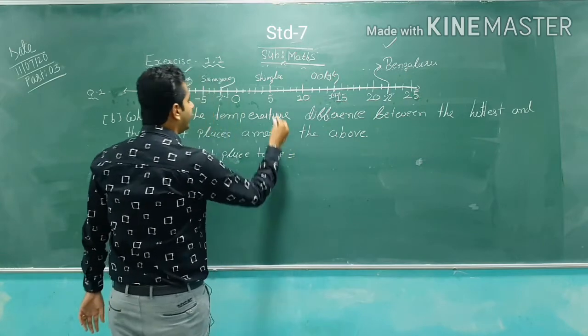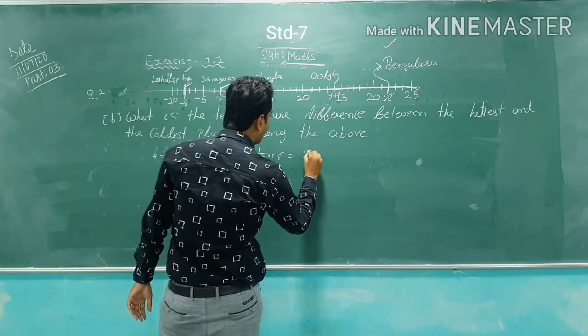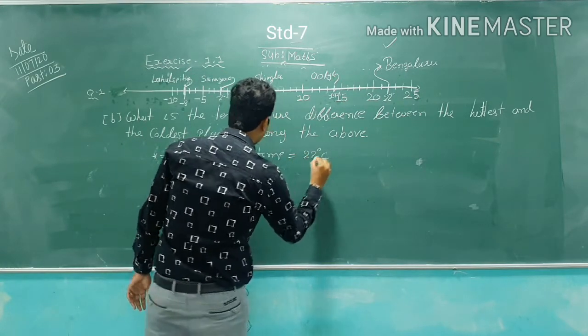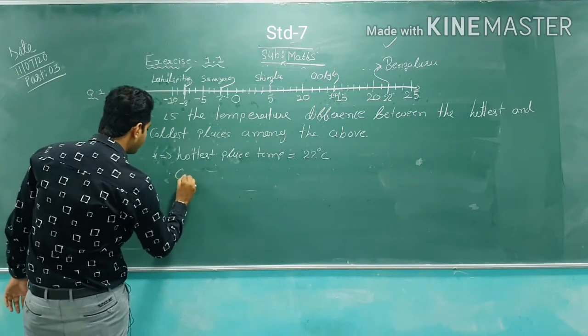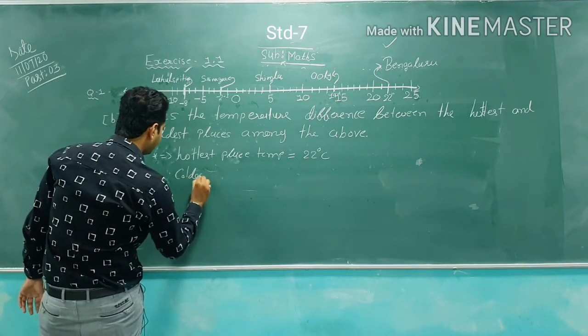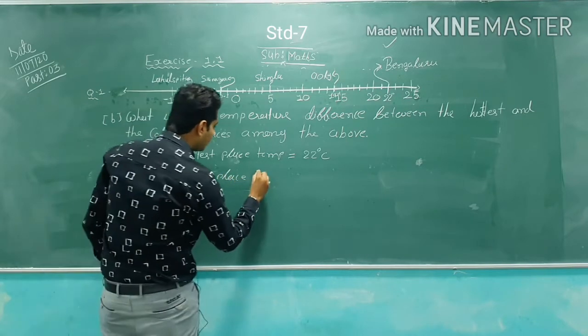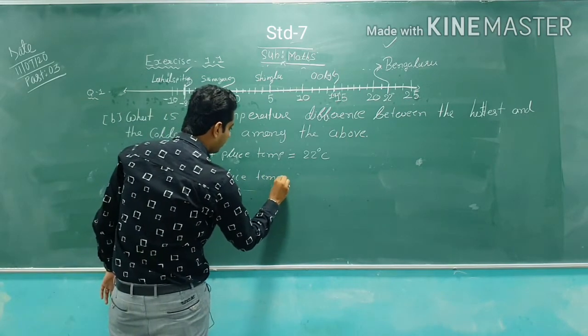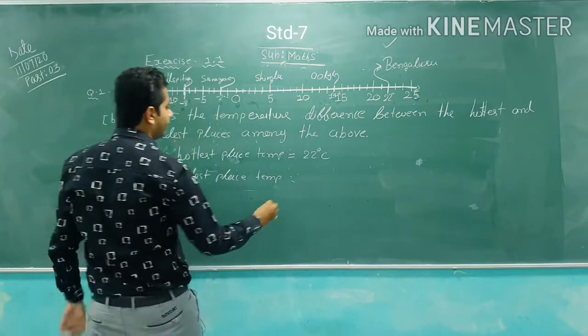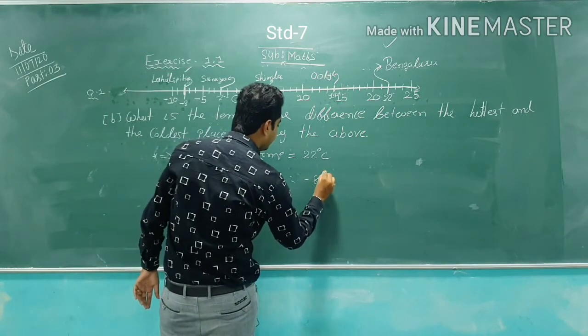Temperature is equal to 22 degrees Celsius, same as the coldest place, temperature is equal to minus 8 degrees Celsius.